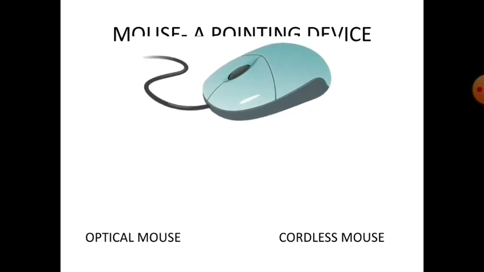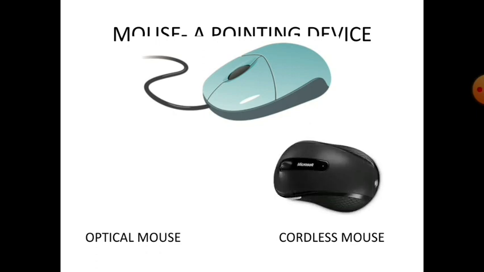This is another commonly used input device, which is used by pointing and clicking objects on the screen. It has 2 or 3 buttons on it. When we move the mouse, the mouse pointer moves accordingly on the screen. There are two types of mouse. First is the optical mouse and second is the cordless mouse.